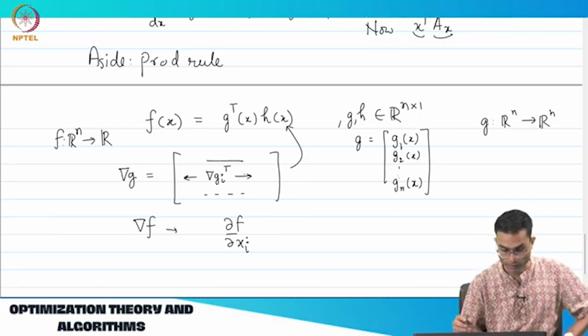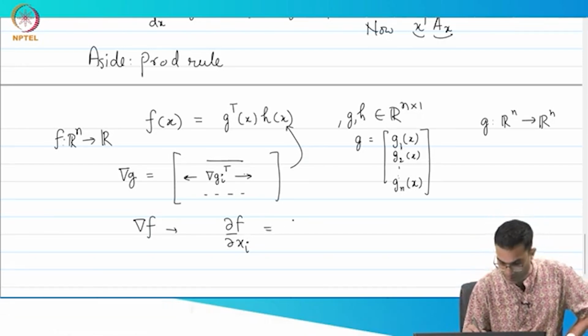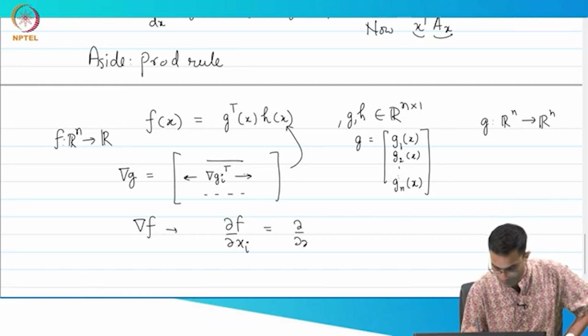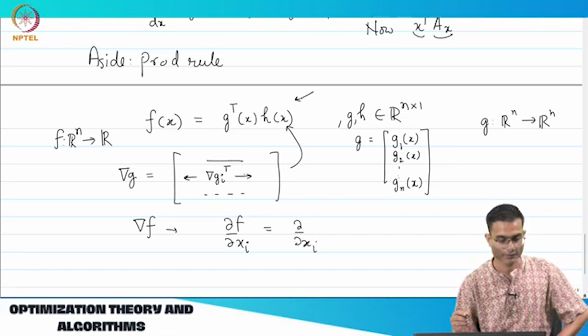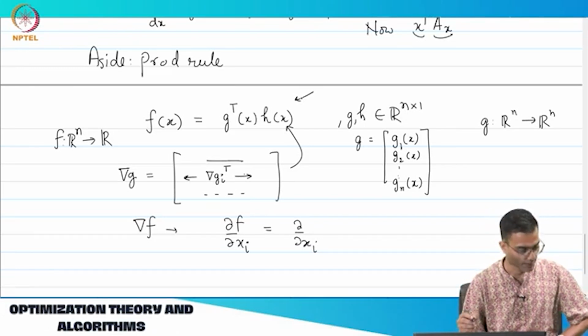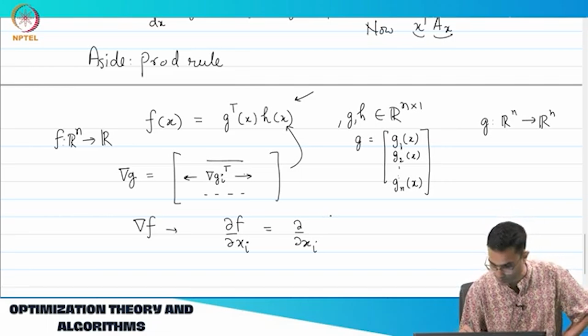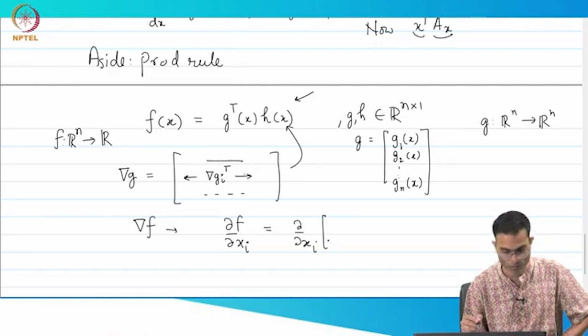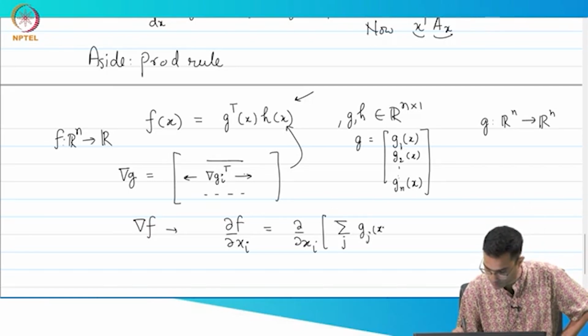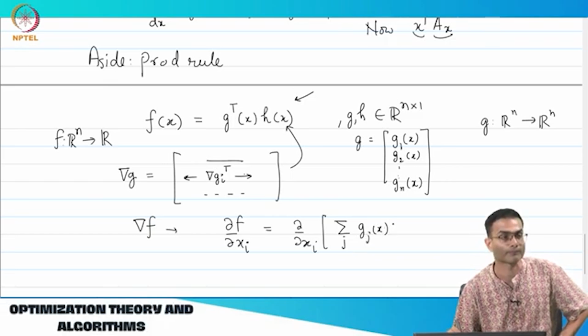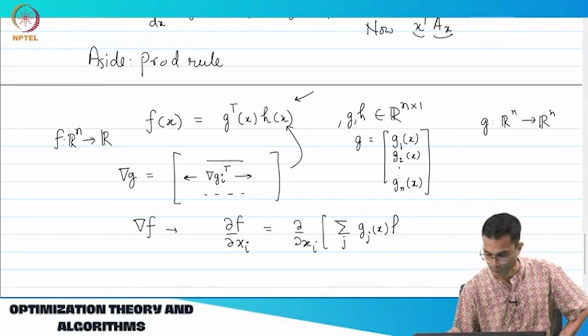So let us write this out over here. df by dxi. I am just going to look at the definition of f. It is g transpose multiplied by h, so this is going to be a summation of gj of x multiplied by hj of x.